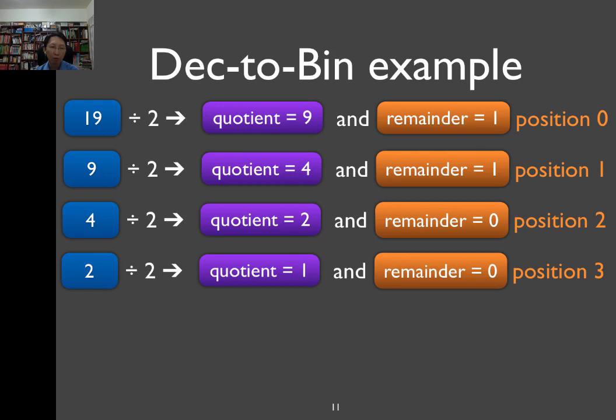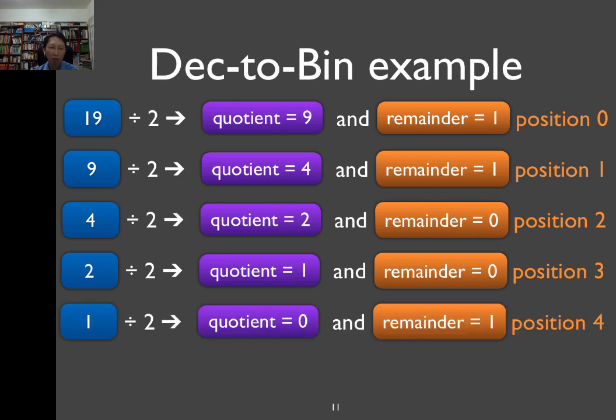The quotient 2 and do the division by 2. And we got quotient as 1 and remainder as 0. And do the last round. 1 divided by 2, and we get quotient as 0 and remainder as 1. And we get the final bit.